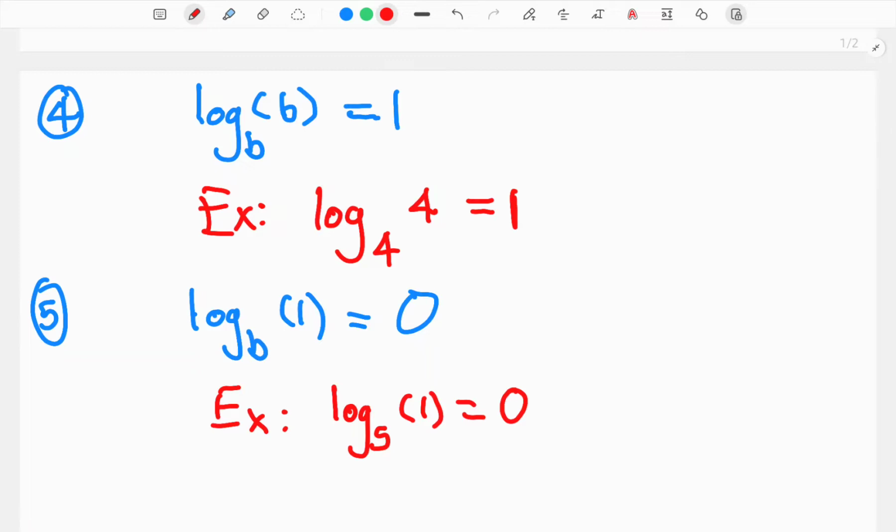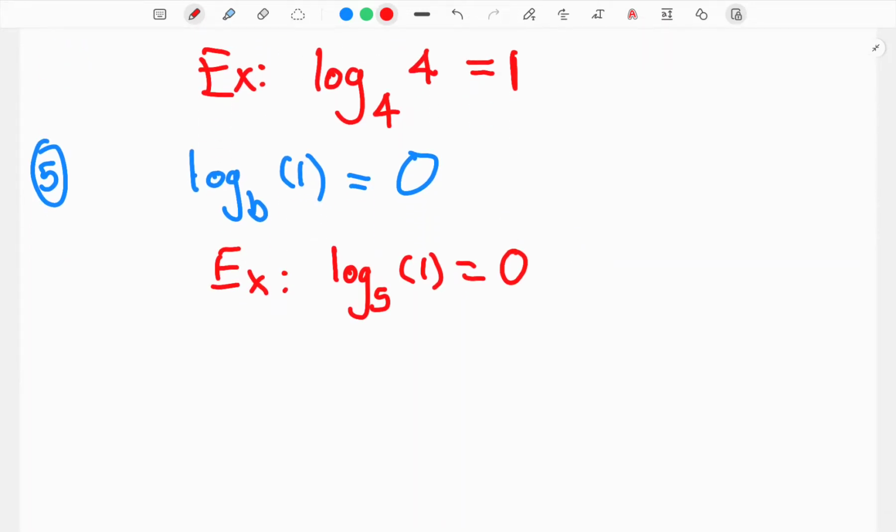Your answer will always be 0 whenever you have a 1 as your inside. That's something to take note of, and you need to understand it quite clearly. There are more laws that we need to unpack, that will help you simplify or solve problems involving logs.